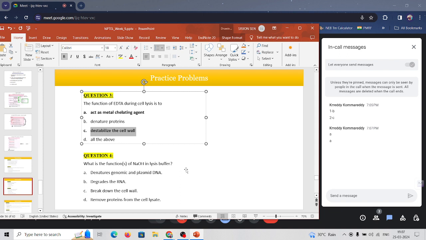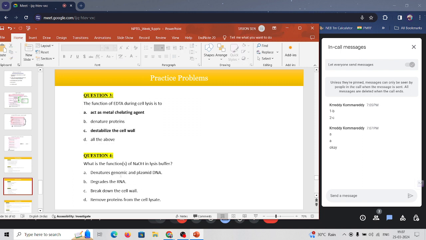The next one, what is the function of NaOH in lysis buffer? Denatures genomic and plasmid DNA, degrades the RNA, breaks down the cell wall, or removes proteins from cell lysate. Which is the correct option?